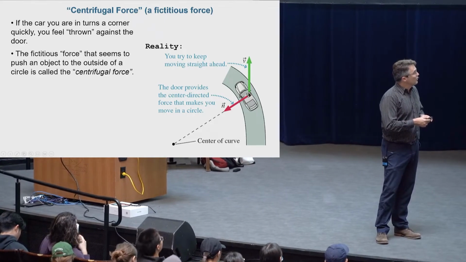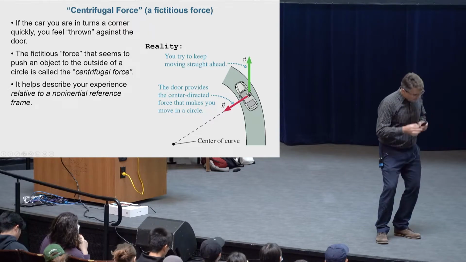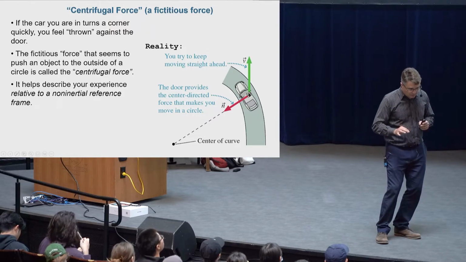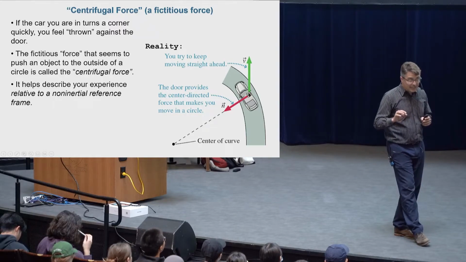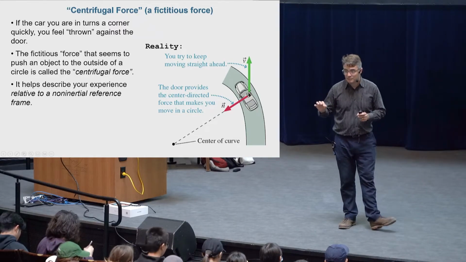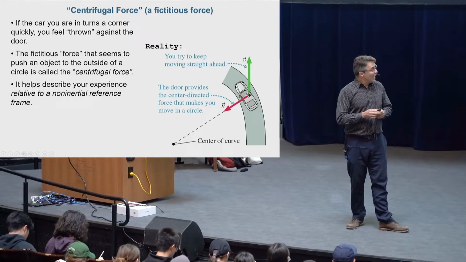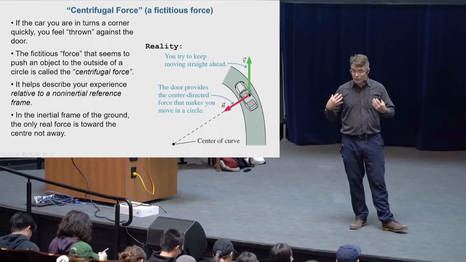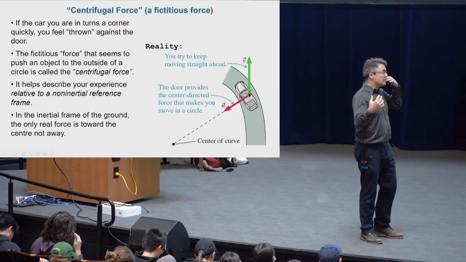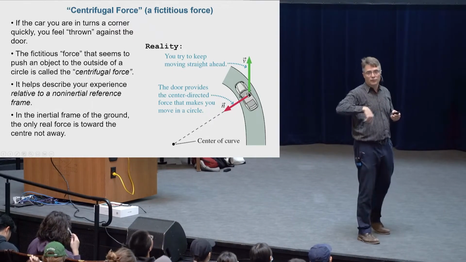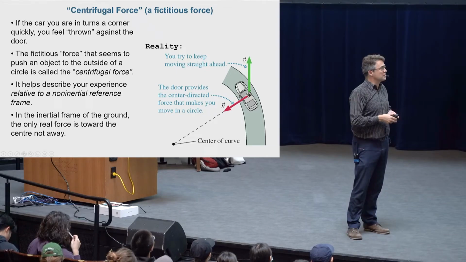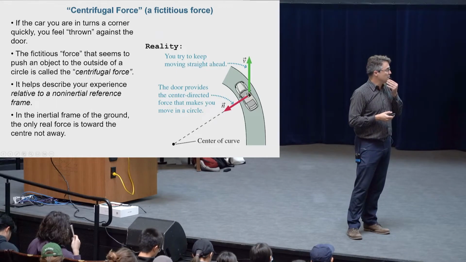So the purpose of centrifugal force is to help describe what life feels like in a non-inertial reference frame. But in reality, in the frame of the ground, what is happening is that there are forces that are centripetal, so towards the center. We call it the radial force, which pushes things towards the center of the circular motion.